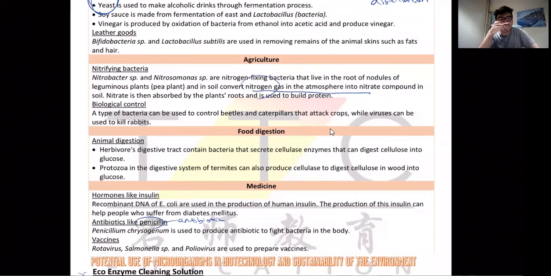Doesn't that mean bread is not halal? No, it is halal because the alcohol is no more. But I would say sometimes halal and non-halal is a very thin line. What if the bread has a little bit of alcohol? Even with vaccines, they say certain vaccines are halal, certain vaccines are non-halal.